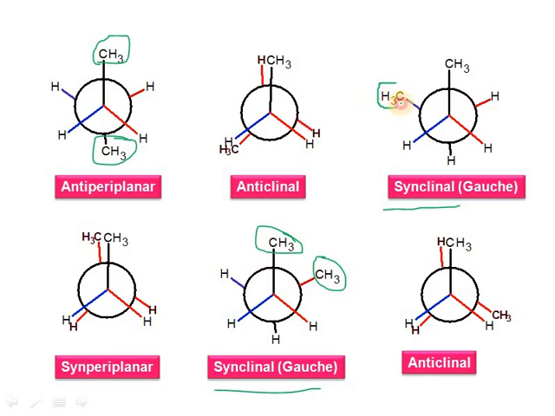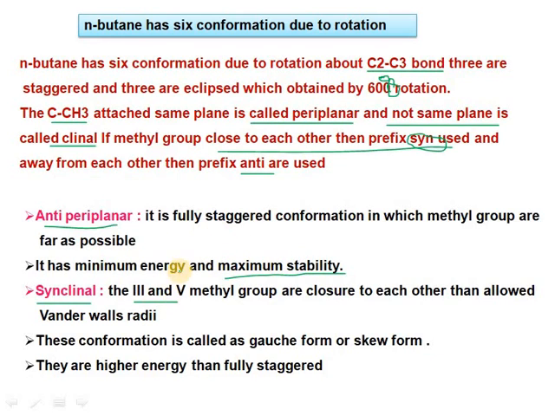Similarly, these other methyl groups are near to each other. Therefore it produces some interaction between the two groups, and in synclinal the methyl groups are closer to each other, within the van der Waals radii. Therefore these conformations are called gauche or skew conformations.